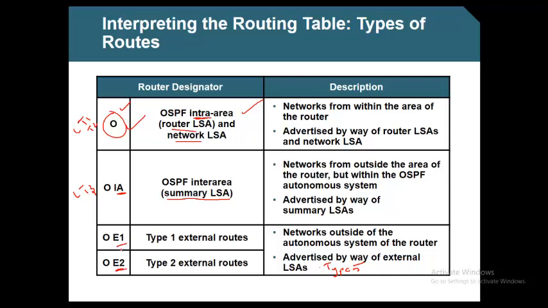If you want the path cost to be calculated for those external networks, outside networks, if you want the path cost to be added, it's E1.